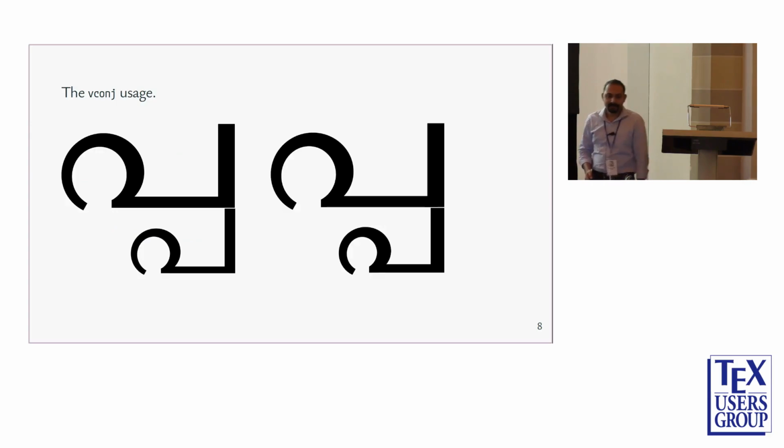The reason is, if you compare these glyphs on the left and right, they are nearly the same, but the pa below, its stroke width is also proportionally reduced, which is not desirable.